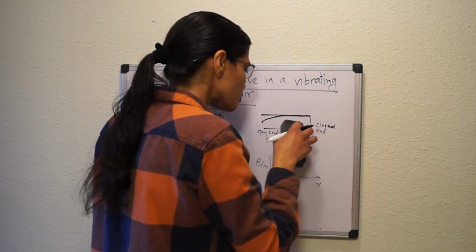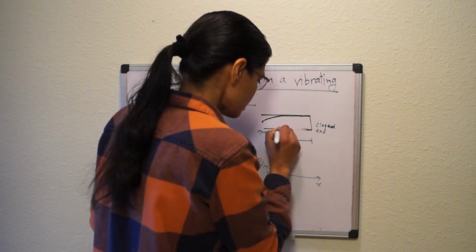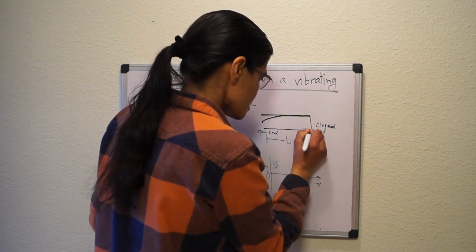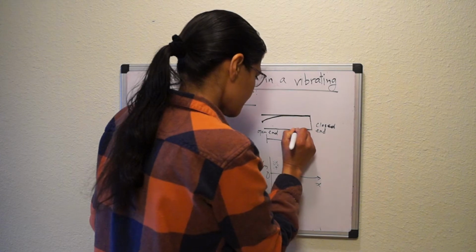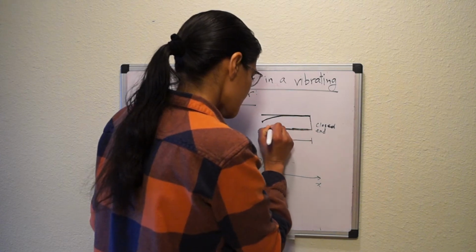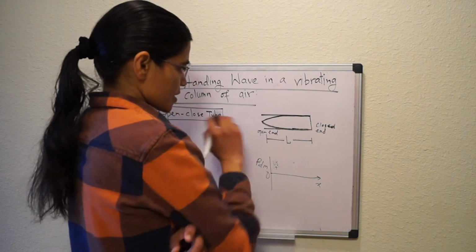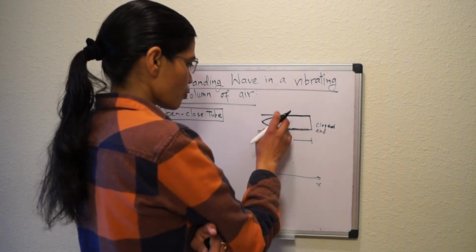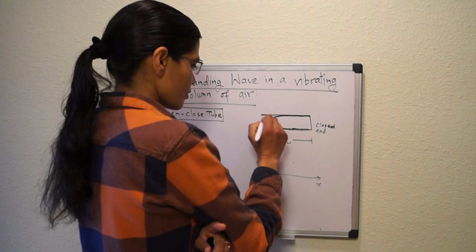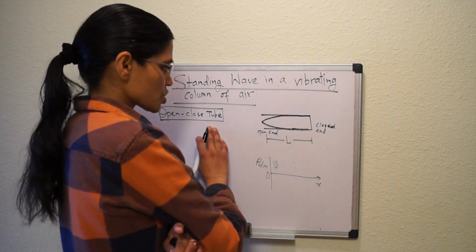I wanted to draw it like this, so it comes back like this. What do you see here? This is the shape of the wave we have for an open-closed tube.